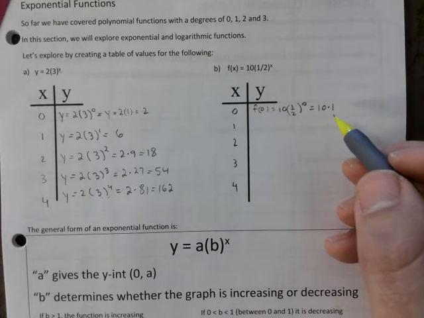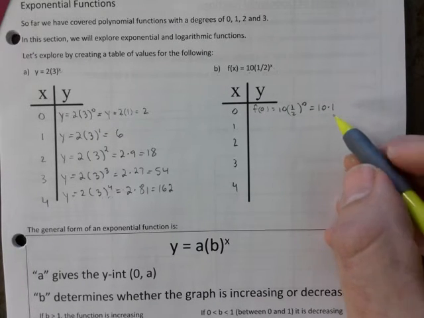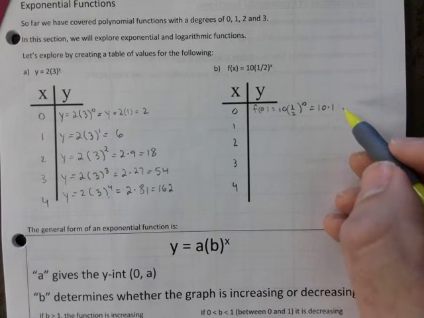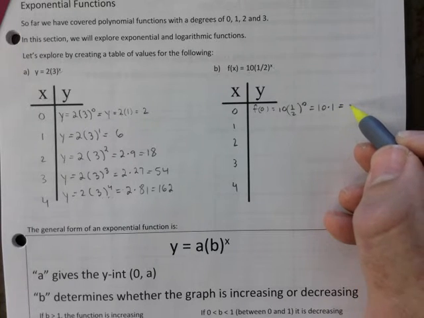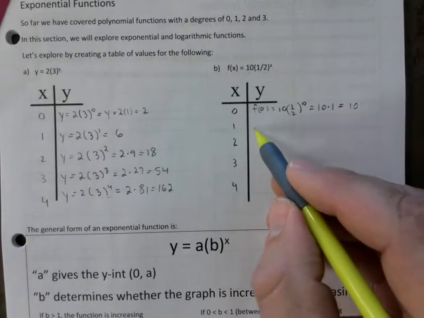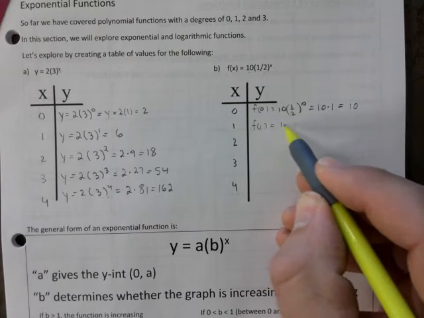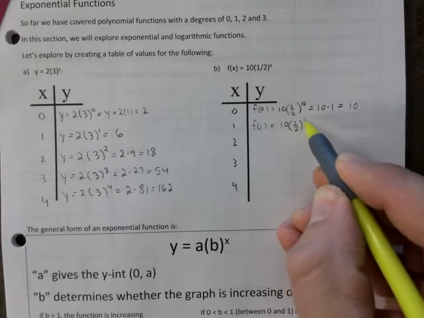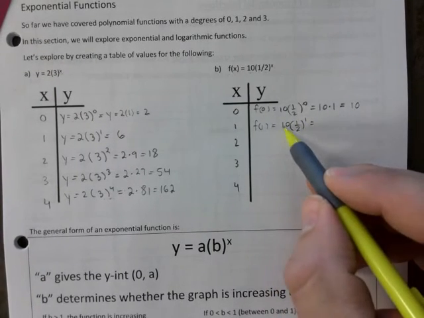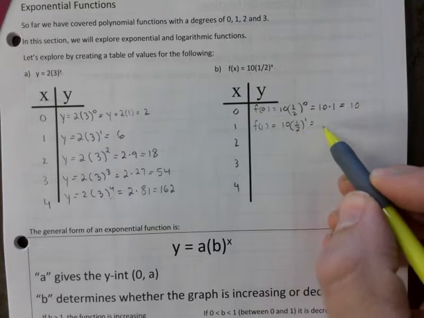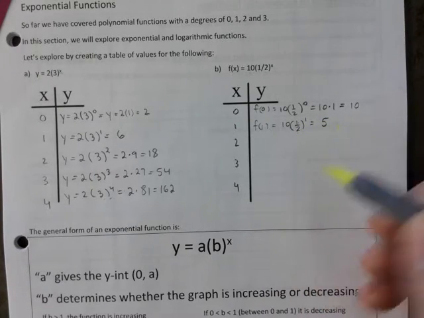Even half to the power of 0 is 1? Yep. Anything to the power of 0 is 1. And that is 10. f of 1 is 10 times half to the power of 1, which is 10 times 1/2, which is 5, right?